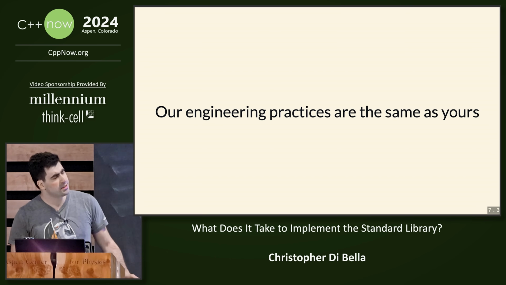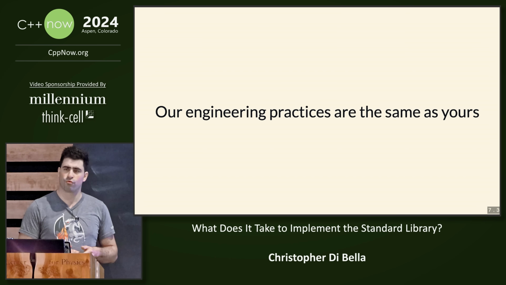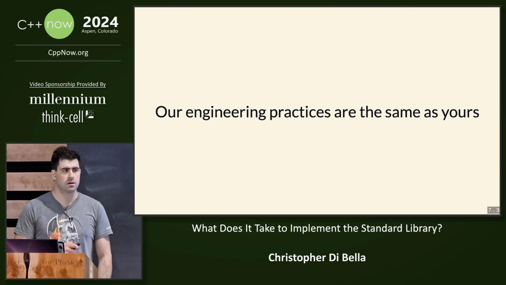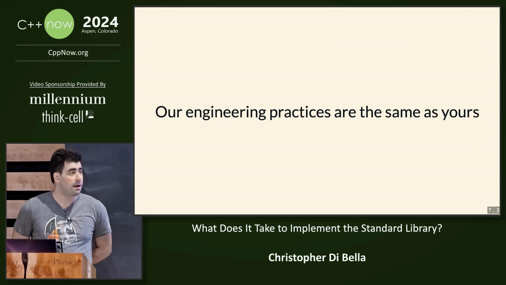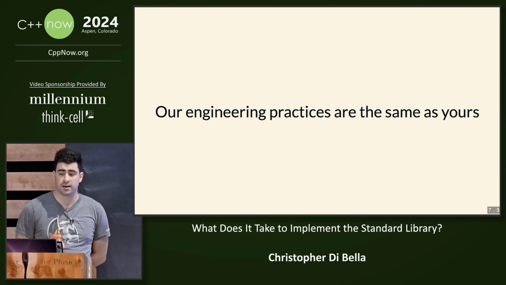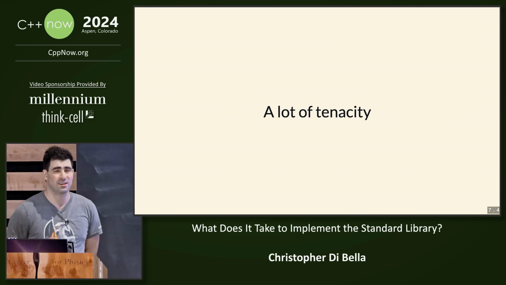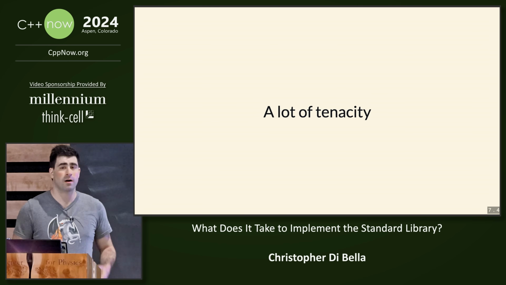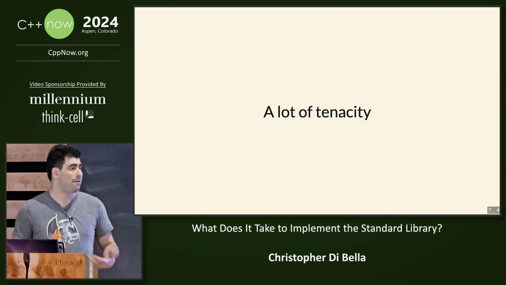And so what does it take to implement the standard library? Really, I think the answer is not being able to summit Mount Everest, or even really summit Mount Kosciuszko, but rather a lot of tenacity, the willingness to be wrong a lot of the time and collaborate with folks.